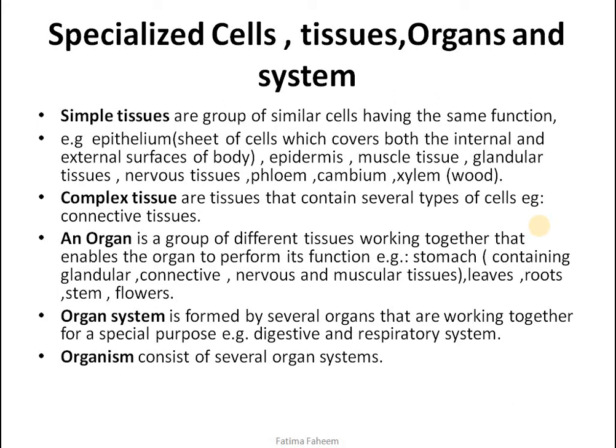Epithelium is the layer of your body internally and externally. The external surfaces of your body are covered by epithelium. So if you think closely, what is covering our external body is your skin. So skin is an example of simple tissue.